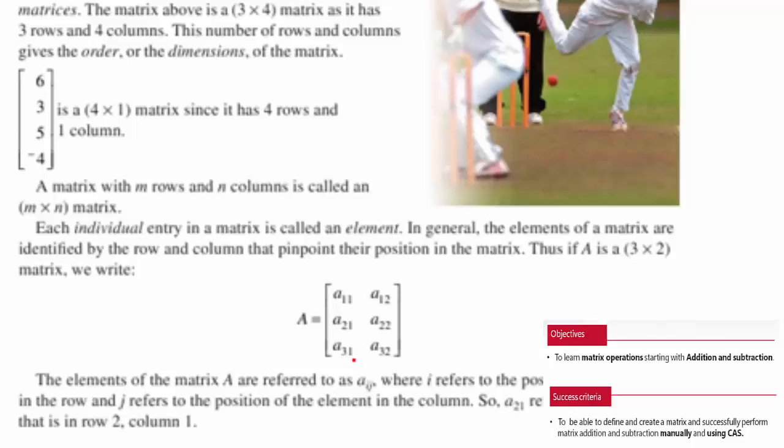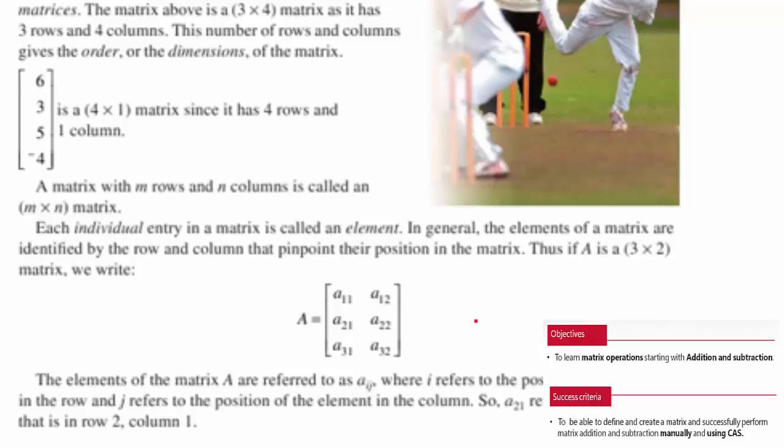Third row, first column. That one is first row, second column. Second row, second column. Third row, and second column. Right? If we had more, then etc. If we had, let's say, 3 by 3, then the next column would have been A13, A23, and A33.